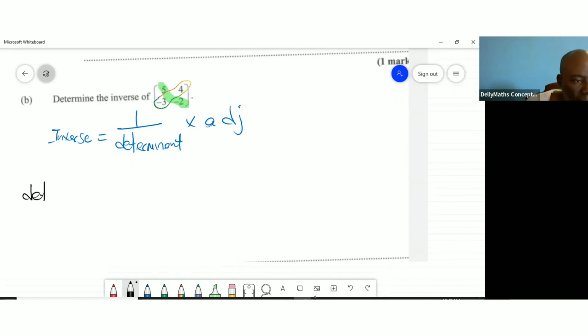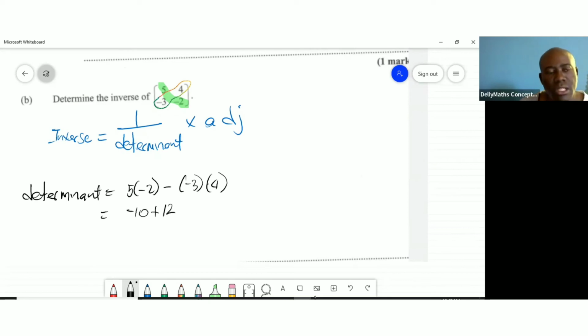Let's work out the determinant now. The determinant is equal to 5 times -2 subtract -3 times 4. So this will give us -10, and then this is a plus 12. So -10 plus 12, which means that we definitely got 2 for that.